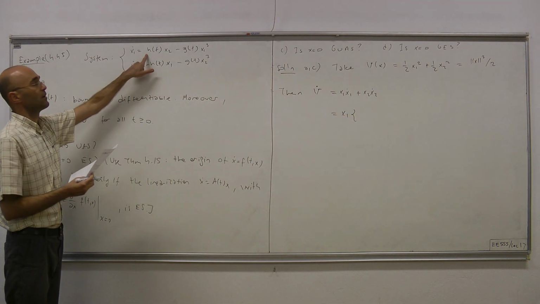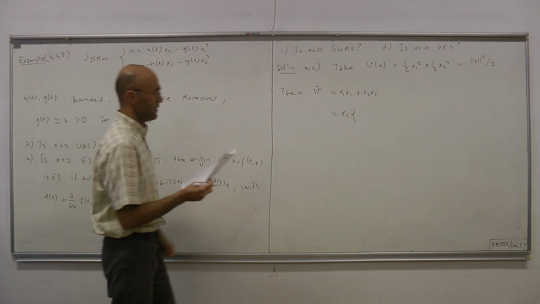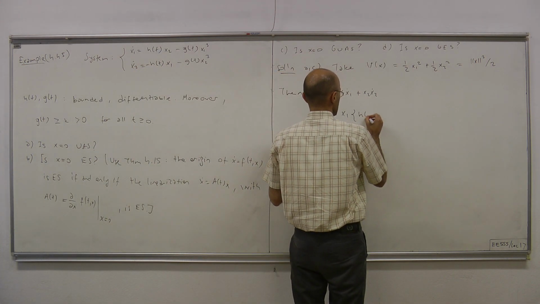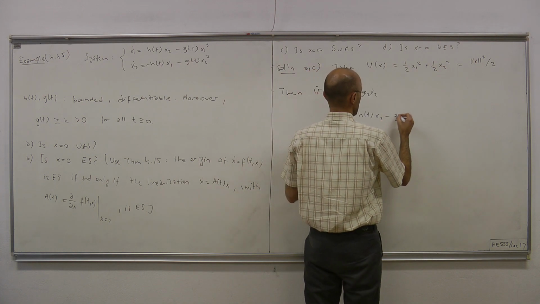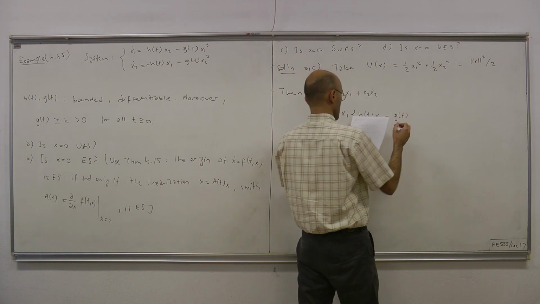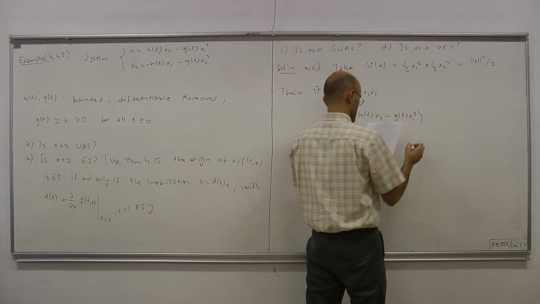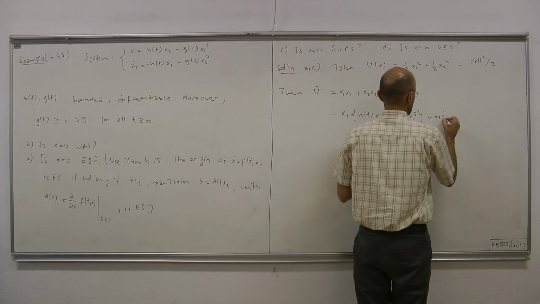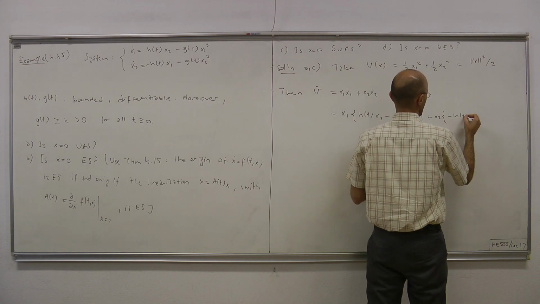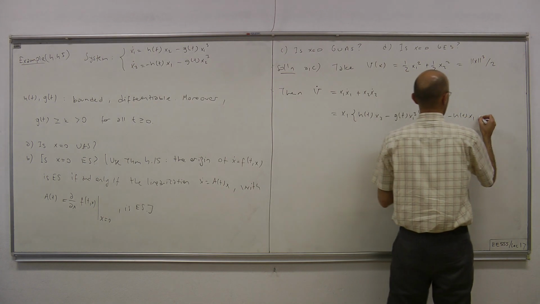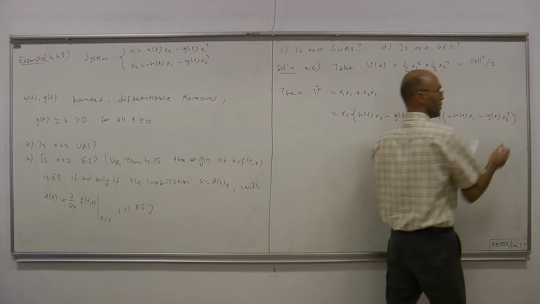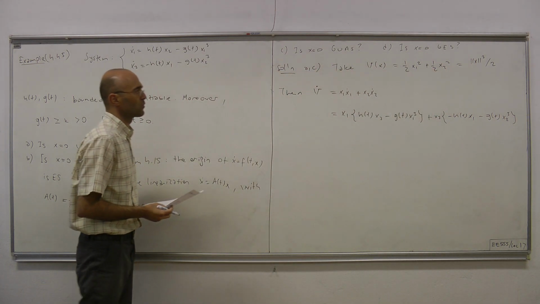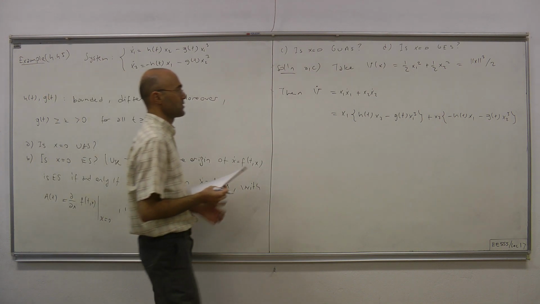X1 dot is given by the right hand side: h of t x2 minus g of t x1 cube, plus x2 times minus h of t x1 minus g of t x2 cube. Okay, now we have a nice cancellation here.